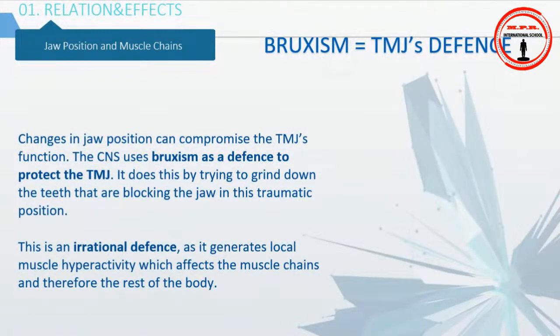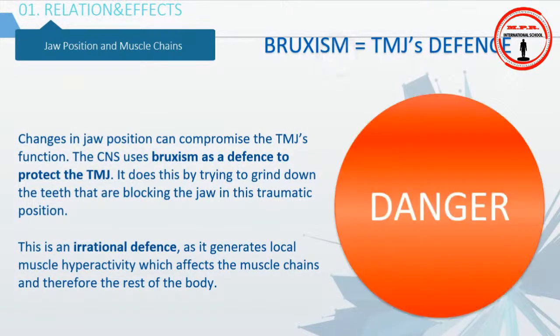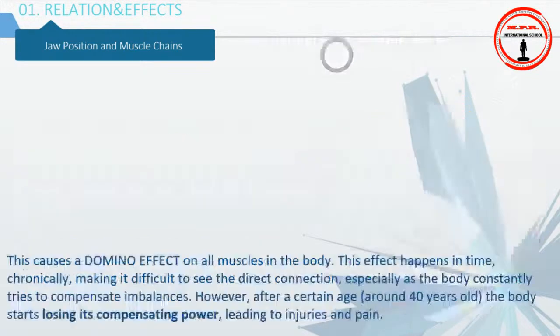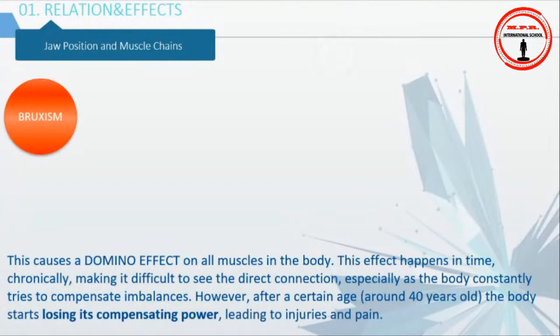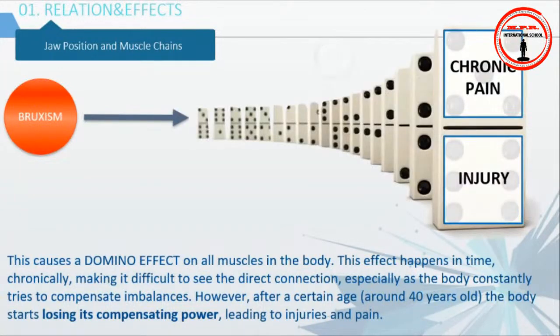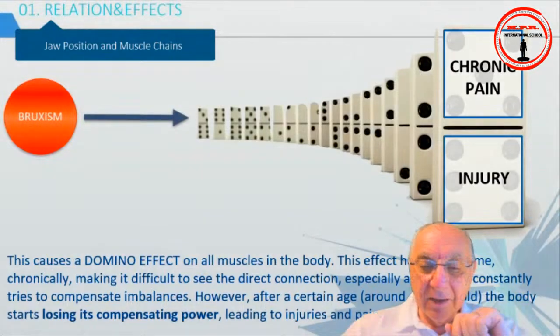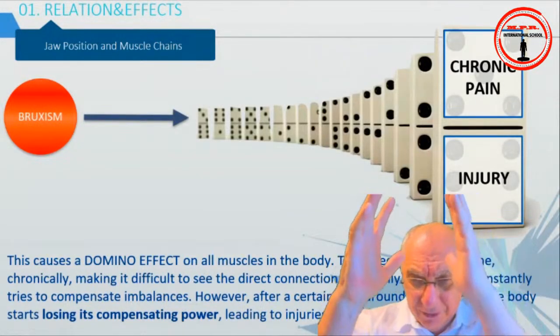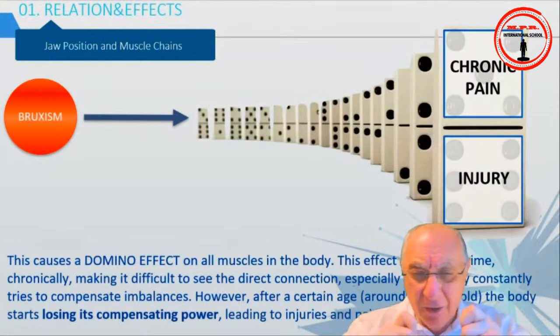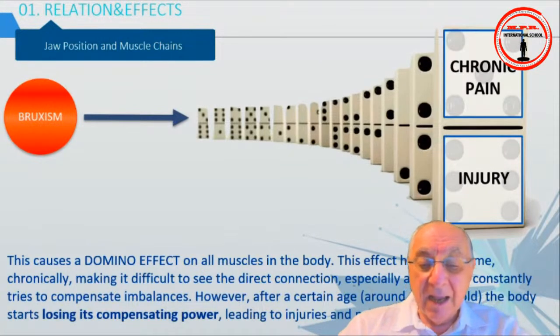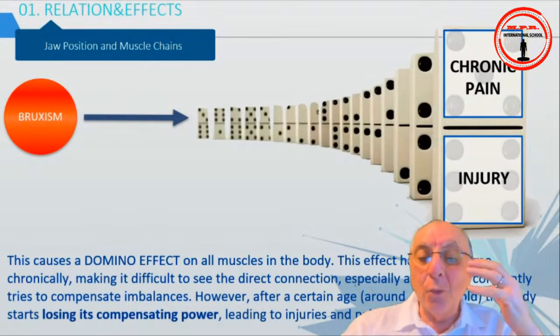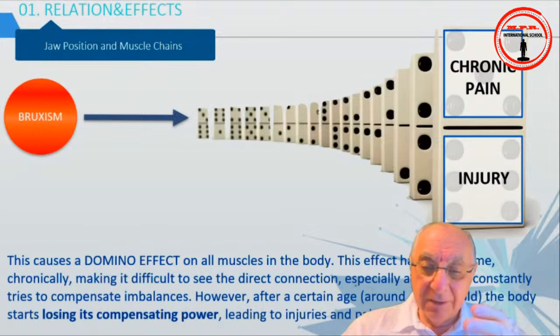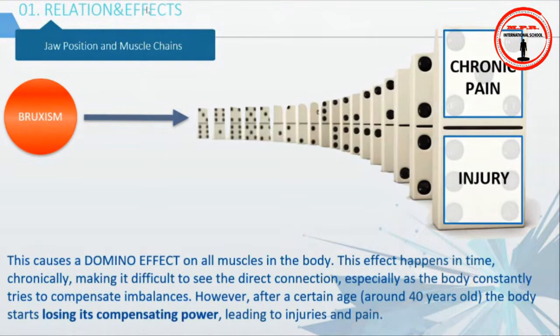Bruxism is a defense when there is danger inside the temporomandibular joint. That's important. Bruxism is creating a domino effect. What do I mean? The domino effect is something from the top to the bottom, a lot of muscles stressed, a lot of problems, and we have chronic pain and postural disease.